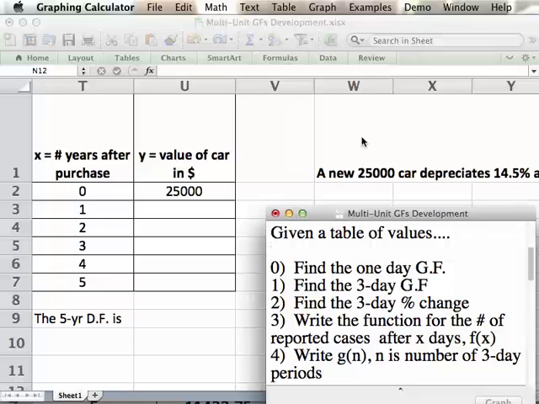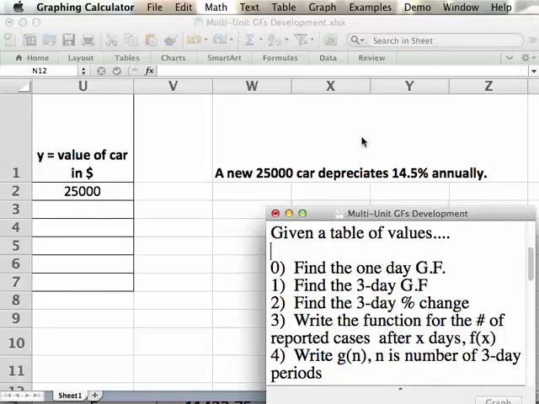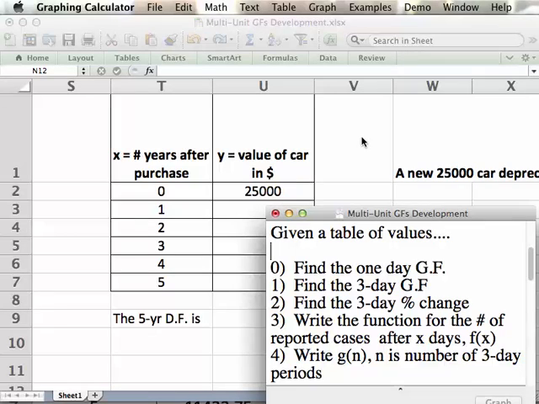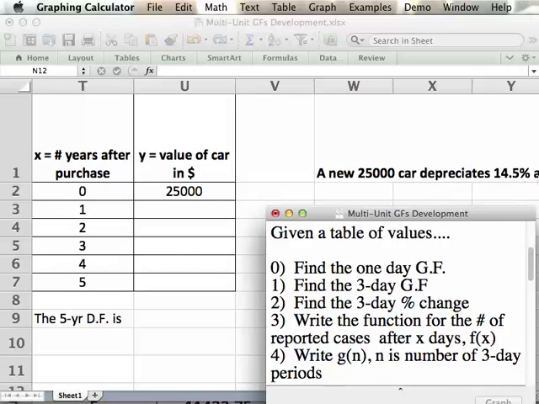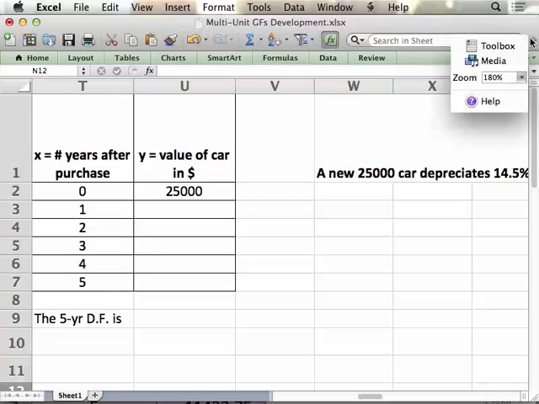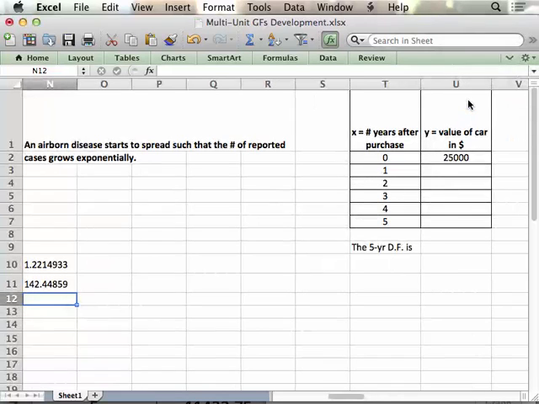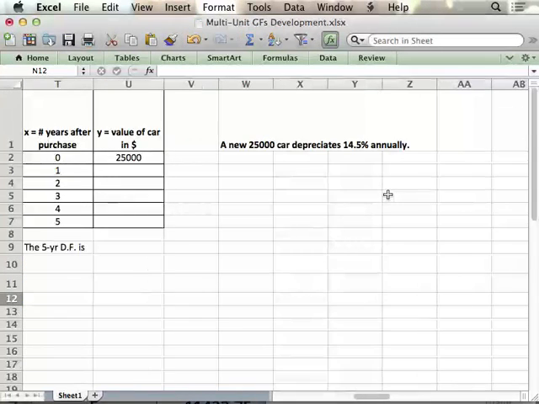Okay, so a new car depreciates 14.5% annually. A certain car. So this says annually here. Okay, so a new $25,000 car. Can you still read that?